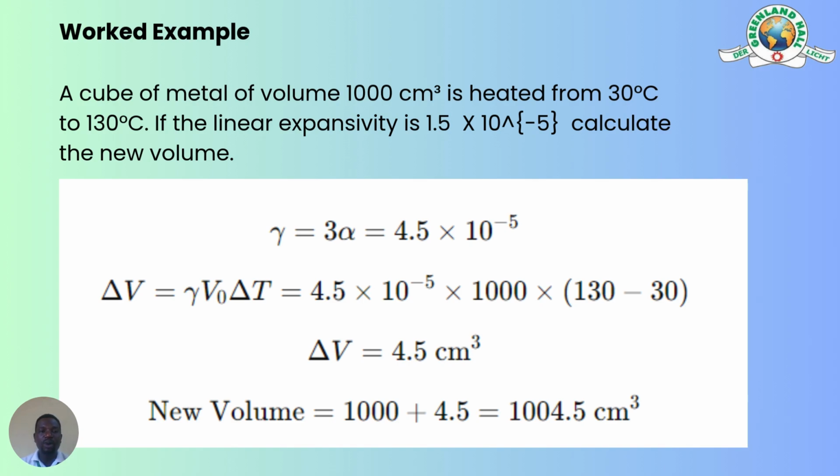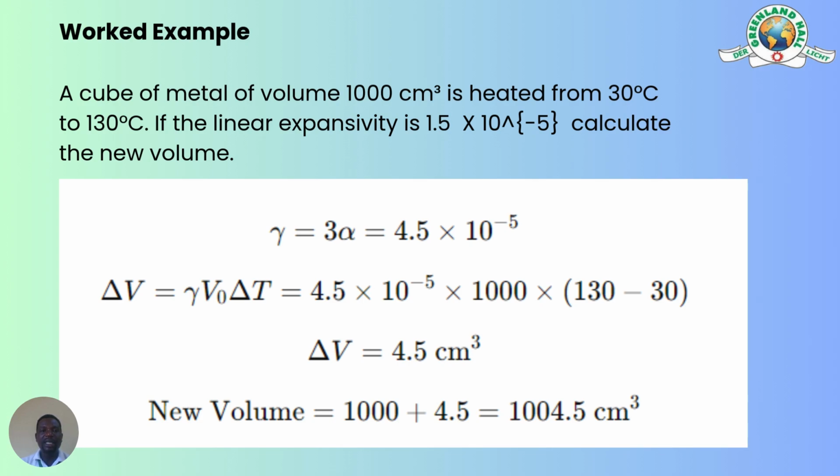The same thing applies, just the way we saw in the previous example on linear expansivity. But the only difference here is that since we are dealing with volume and not length, the material we use in building, the volume of the material, is very, very important.